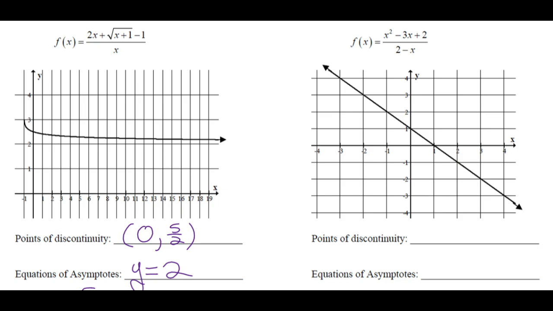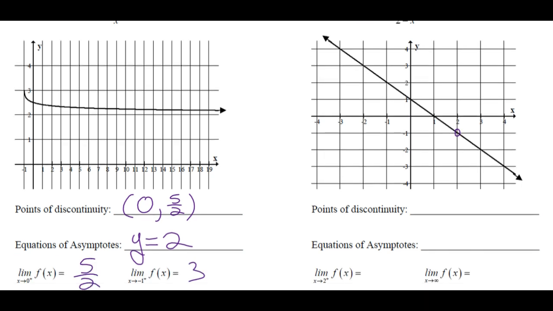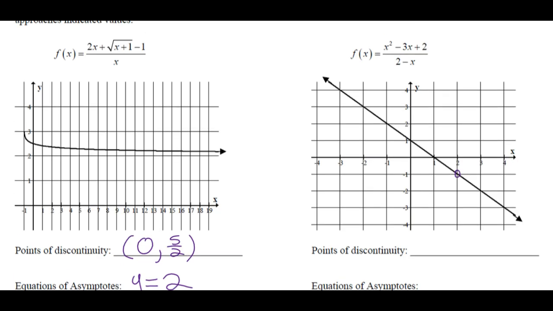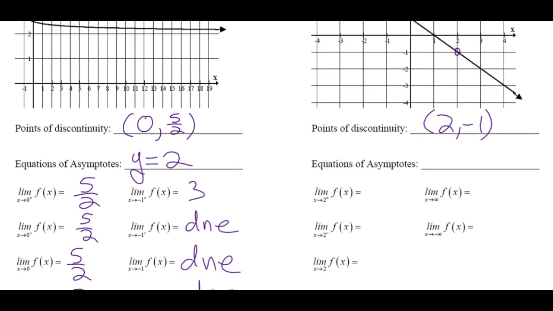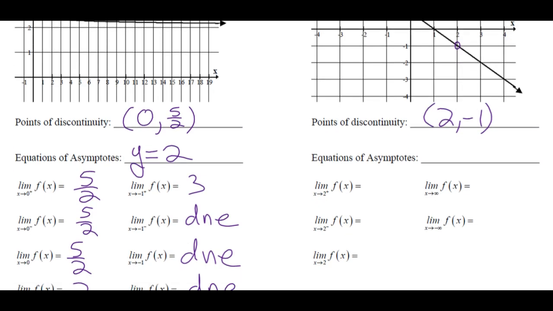Otherwise, it's just this nice straight line. So we need to put a hole in there, or a point discontinuity. The point discontinuity is (2, -1). At (2, -1) there is a point of discontinuity, which you can't see, because it's a point, and points have no dimension.